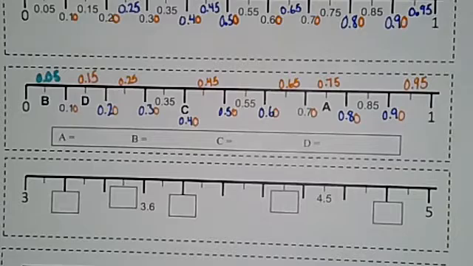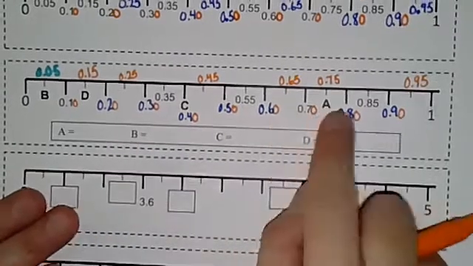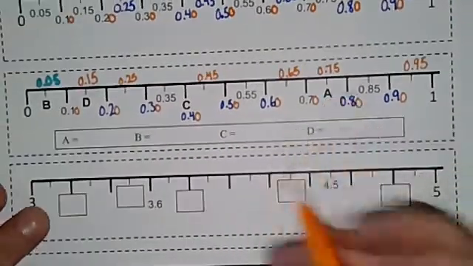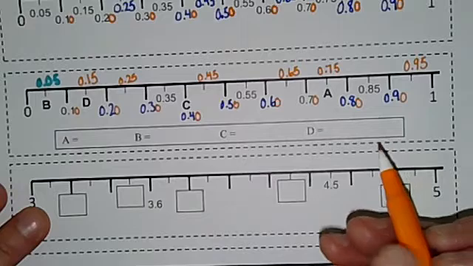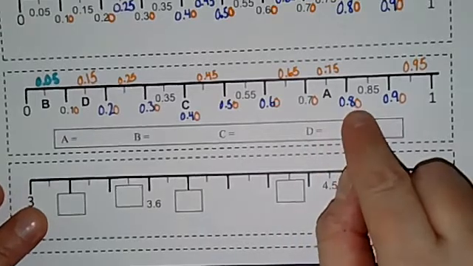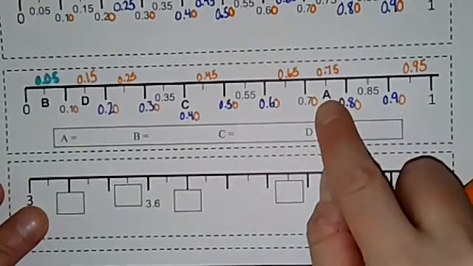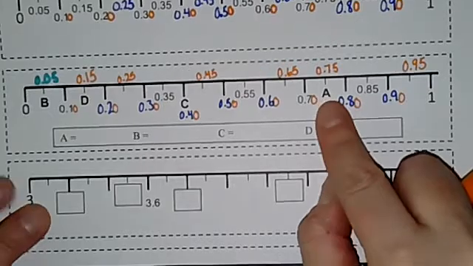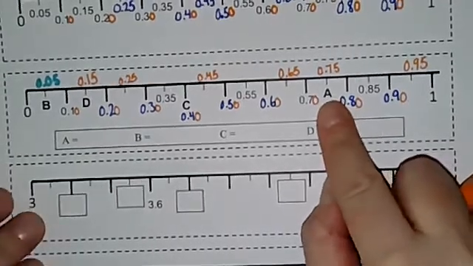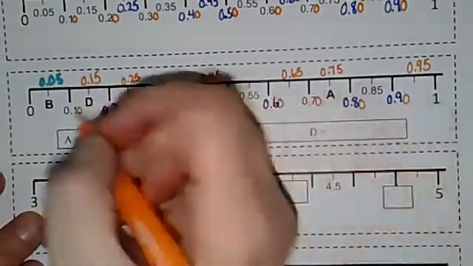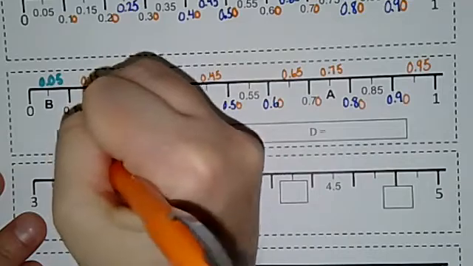Then you're going to fill in your A, B, C, D. A, what decimal is at A, Kato? That's a little bit over here. Very good, but Kato, I want you to say it as a decimal. 75 hundredths.